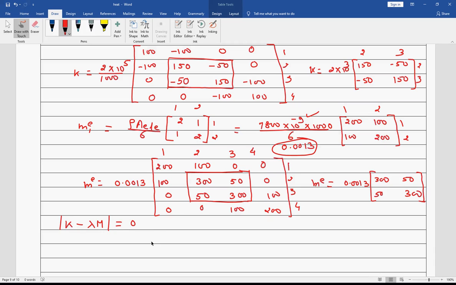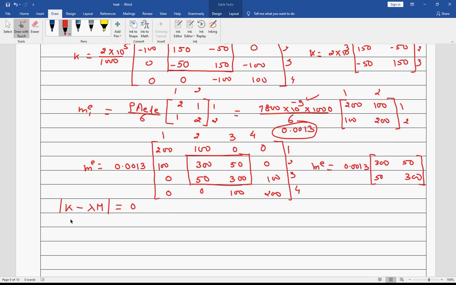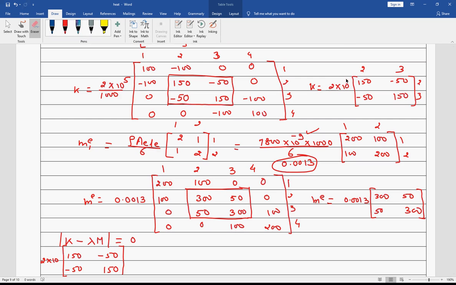So my k is 150, minus 50, minus 50, 150, times 2 into, why do I always write cube, it is a square.